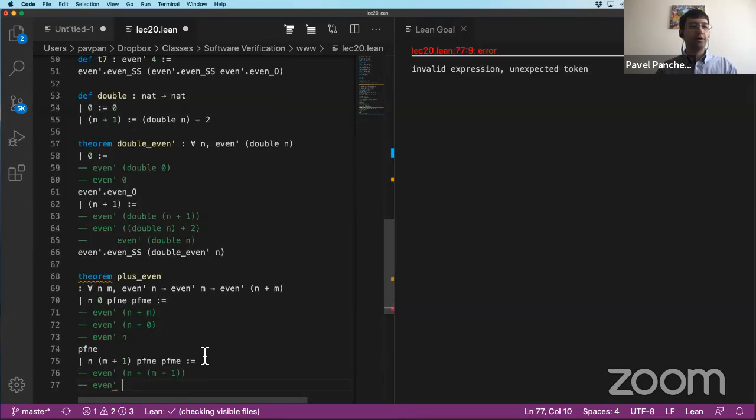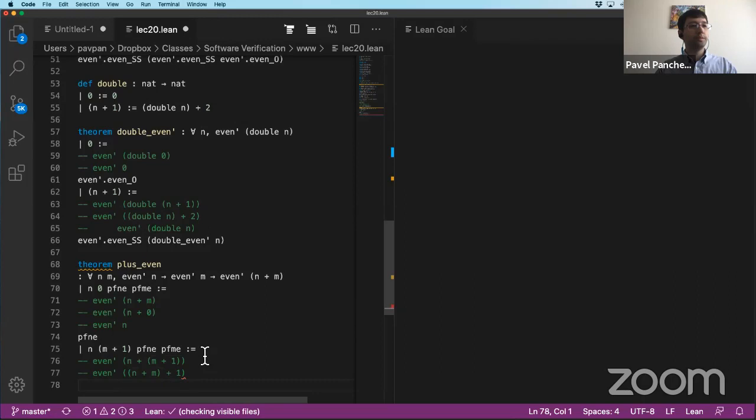And unfortunately, this doesn't help that much here, because I have no way of constructing a proof that n plus m plus 1 is even, because evenness goes up by steps of 2. So it looks like I can't clearly make headway here.